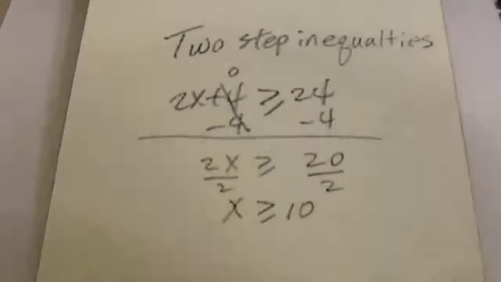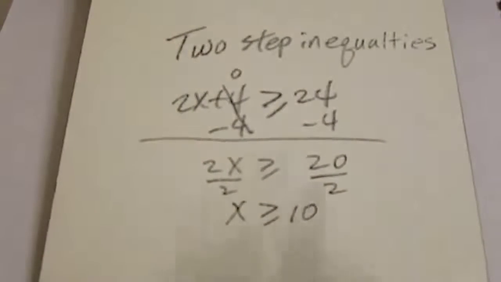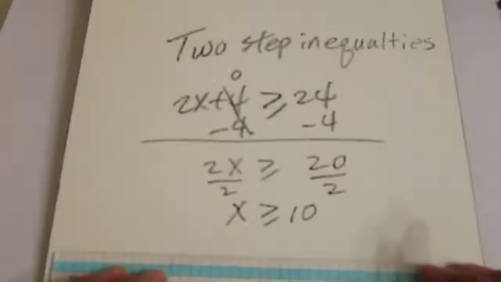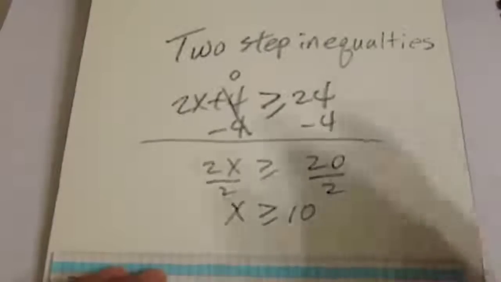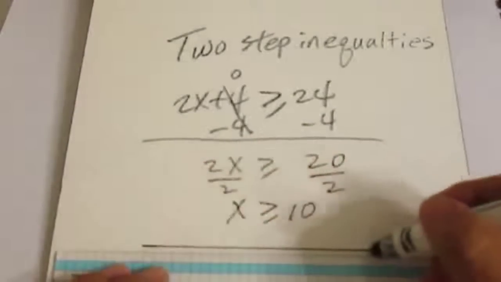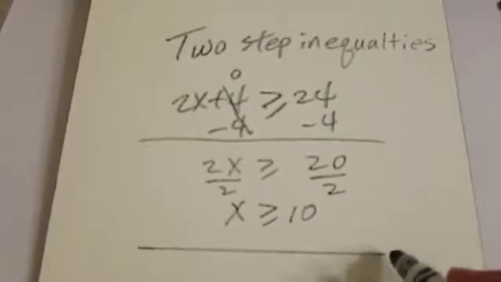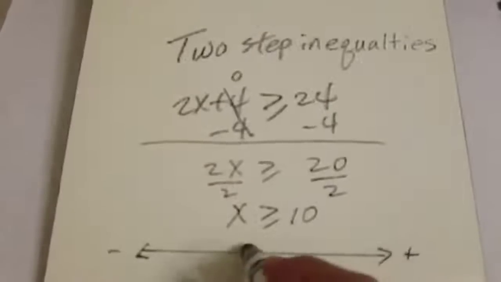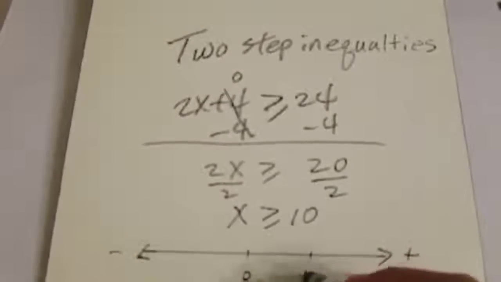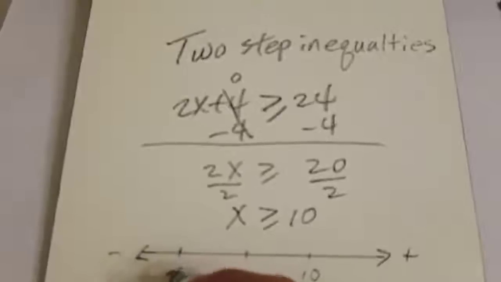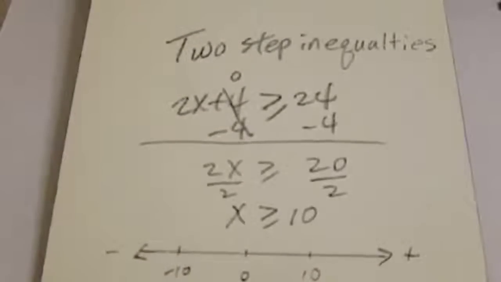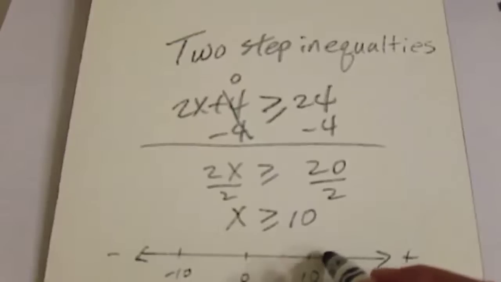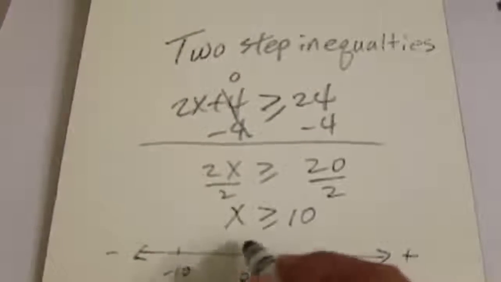To draw the graph, it's kind of getting repetitive on graphing now, but we'll try it while we're at it. Okay, so we have negative, positive, 0, 10, negative 10, and I'm going to go ahead and put 11 for x.